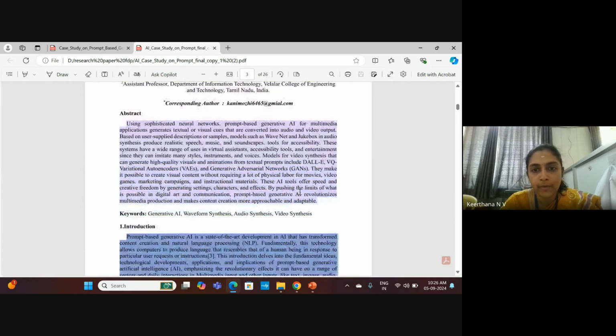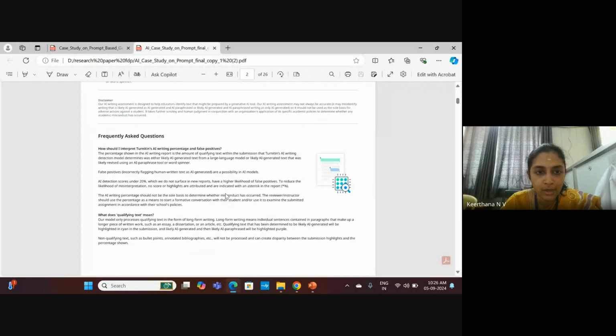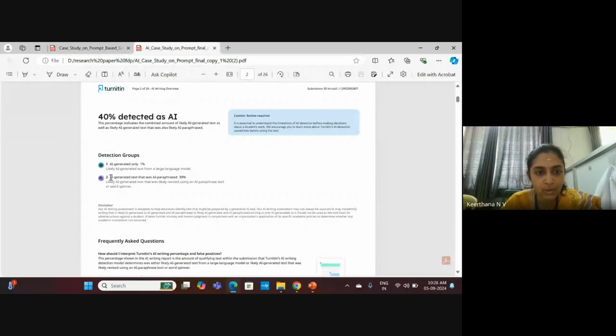How does Turnitin find it? First it finds the first three words, that is, "using sophisticated neural networks." After this, the following sentence is also found by AI Turnitin, which ensures that it was written using an AI content rewriter, and it will give you the report as AI-generated text that was AI paraphrased.